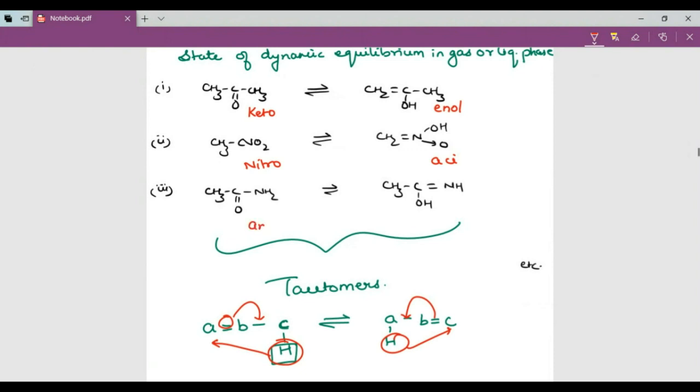This is an amide functional group. This is an imidol functional group. Amide imidol tautomerism. Okay, based on the names of the functional groups which are in a state of dynamic equilibrium with each other, the tautomerism is named: keto enol, nitro aci, amide imidol, okay, and so on.